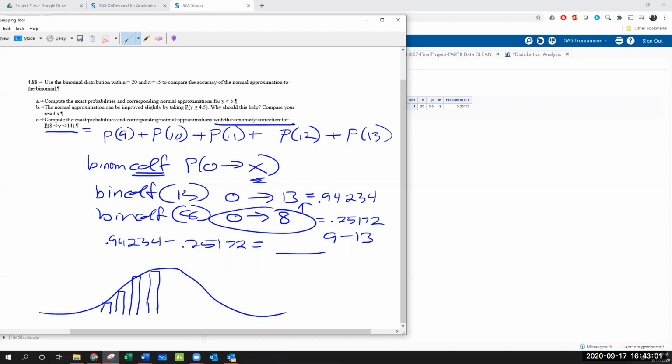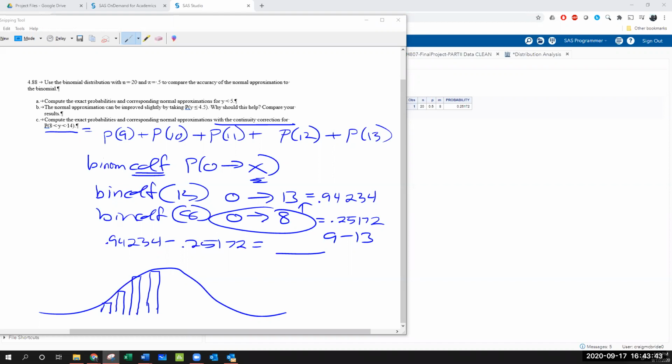So we do that correction by rounding down by a half. And so if we want to get the correct answer for this one, we don't want to do the normal curve at 14 and the normal curve at 8 and take the difference between those two. We want to do 13.5 and 8.5 and take the difference between those two and see how that works. And that should be a lot closer. And you can play around with it and try to get the best one.